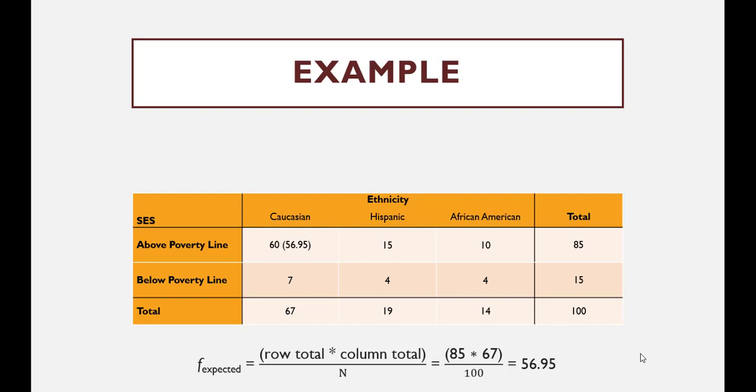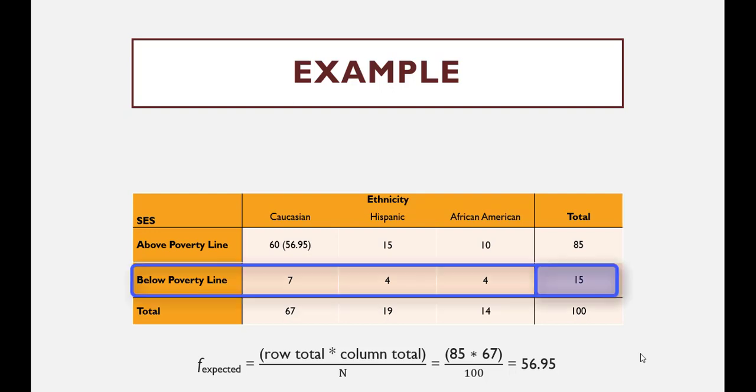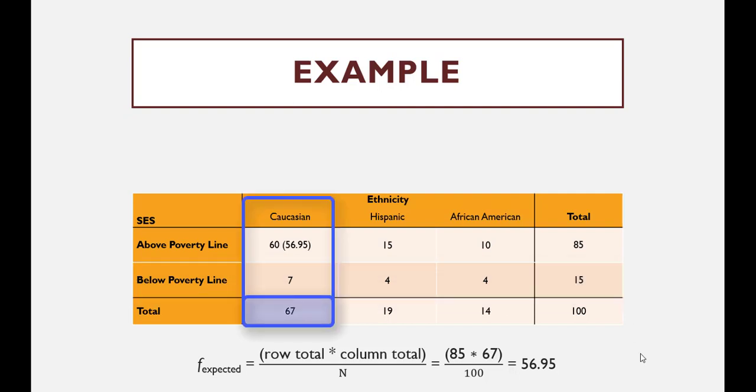So for the cell Caucasian below poverty line, the row total for that is 15. The column total is still 67 because that's the total number of Caucasian individuals in our sample. So we would say 15 times 67, we still divide by 100, and that would give us that value. And then we would do the same thing for Hispanic.